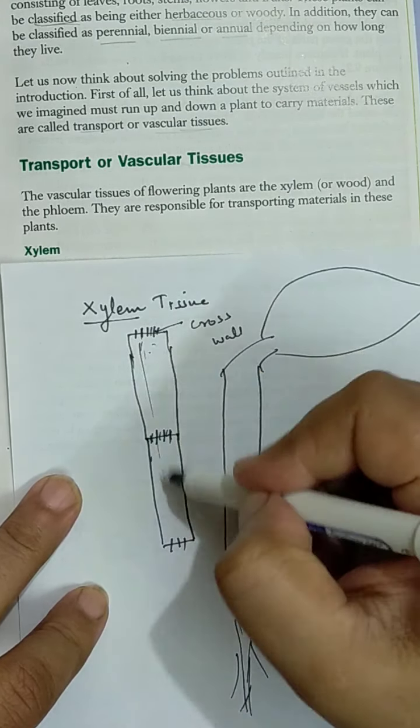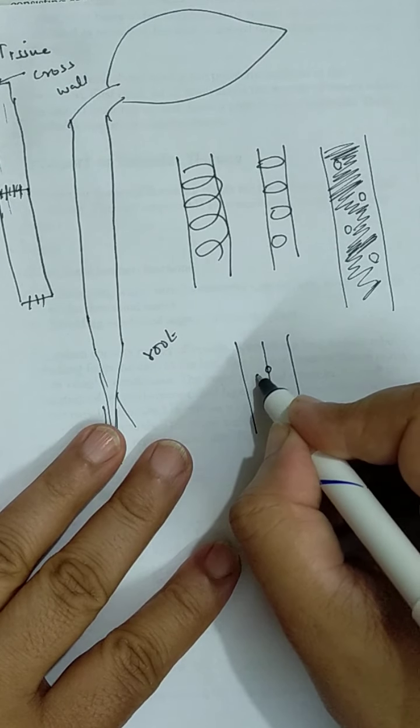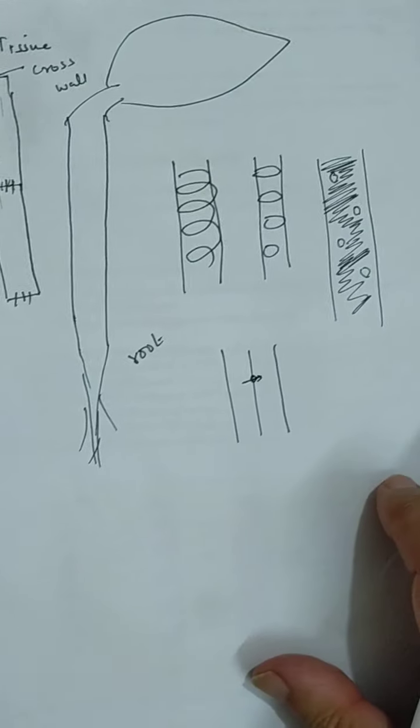Here you can see the whole area is covered, and the hollow lumen is present inside. These pits are basically for the exchange of water. If one xylem vessel is present and a second xylem vessel is next to it, a pit allows water to move from one vessel to the other. For that reason these pits are present.